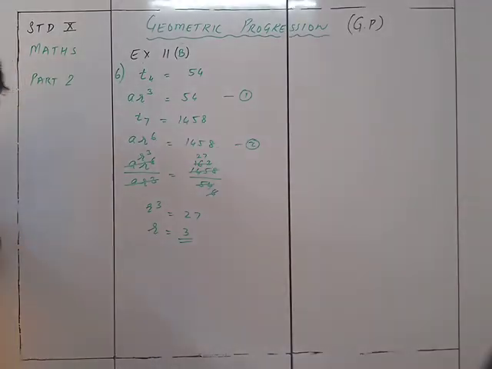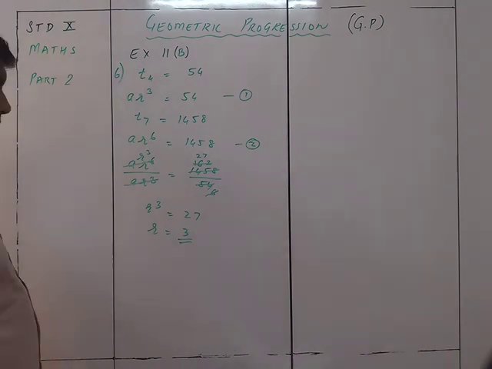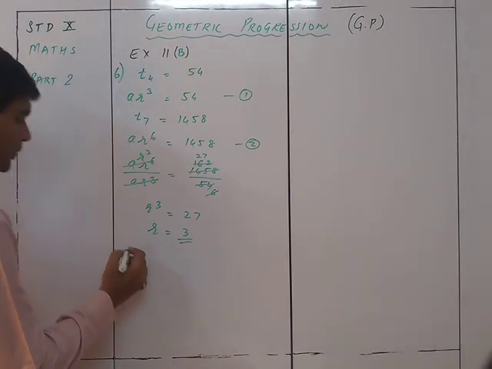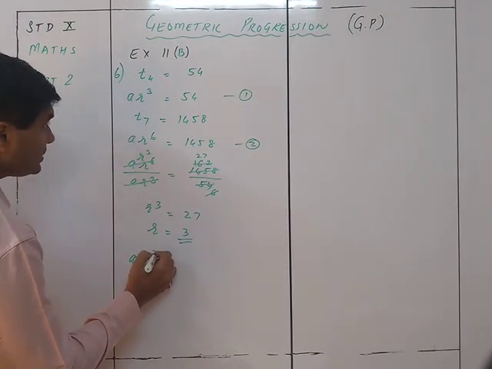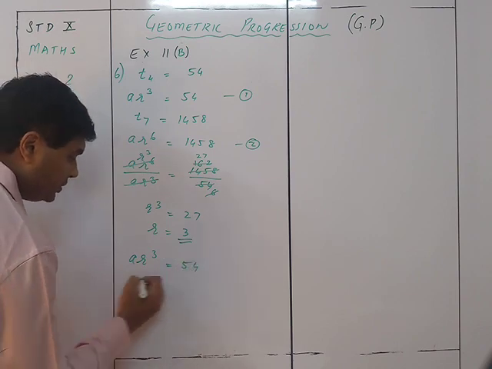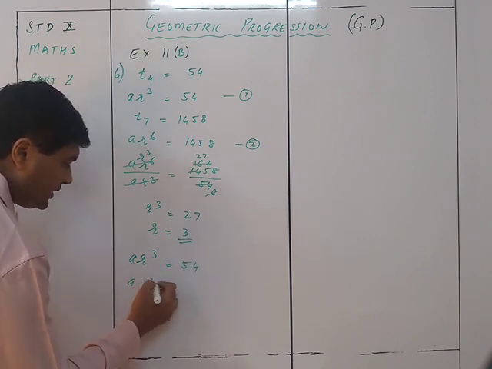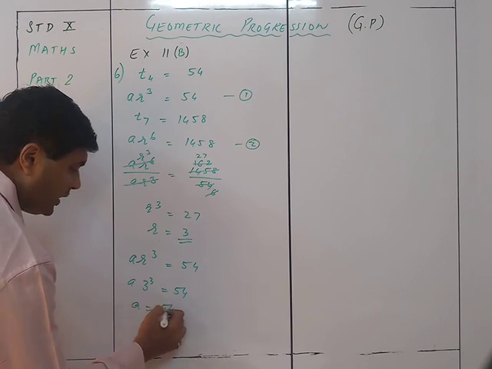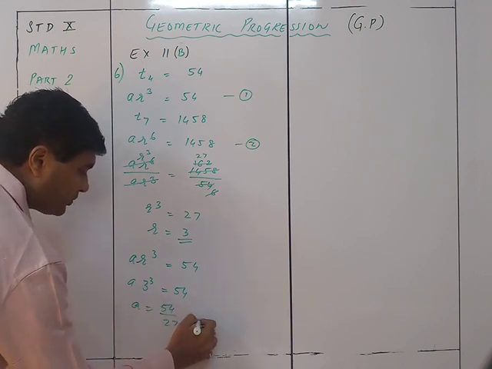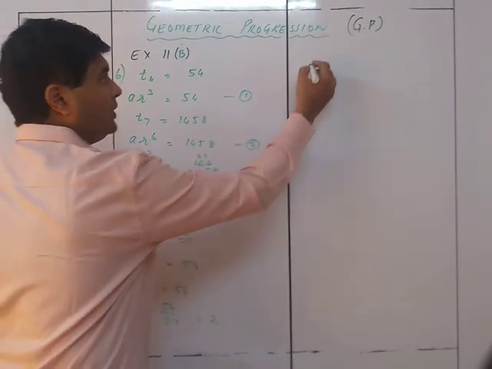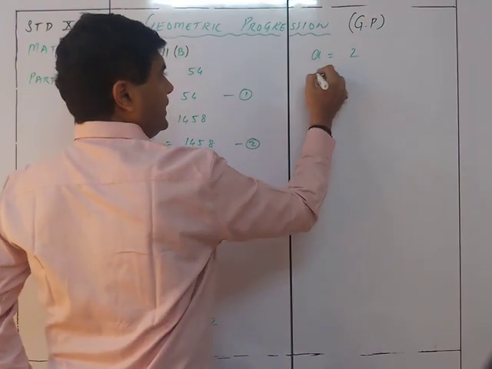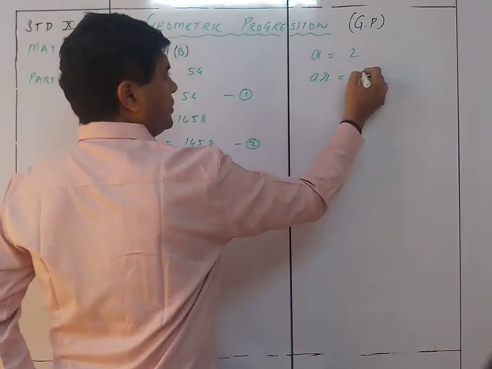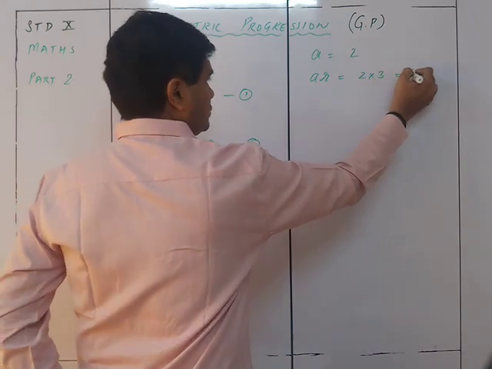Okay. Simple. So now we find out A. We have AR raised to 3 is equal to 54. So A times 3 raised to 3 is equal to 54. So A is equal to 54 upon 27, which is 2. So we have now A is equal to 2. AR will be equal to 2 into 3 is equal to 6.